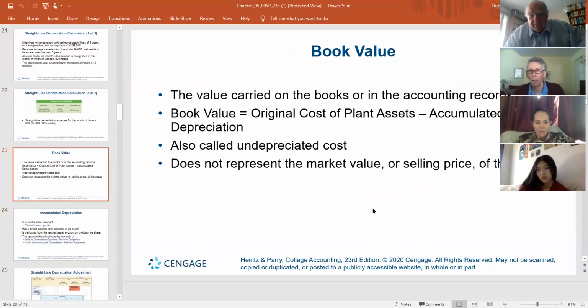The difference between the original cost of the asset minus the accumulated depreciation gives you what's called net book value. It's also the amount you haven't depreciated yet, the undepreciated cost. Does it have to do anything with the market value?